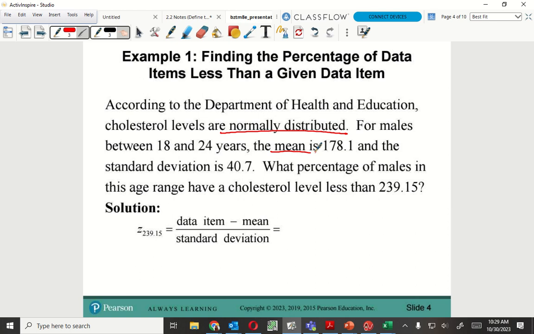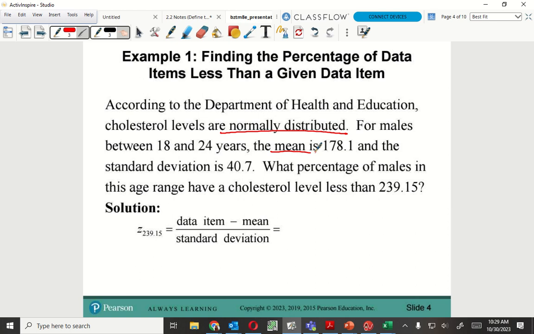Add 40.7. I take my mean, 178.1, and I would add 40.7. That would be one standard deviation above. But if it was one standard deviation below, I would subtract it. I would take my mean of 178.1 and subtract 40.7. And that's for each standard deviation that you go over. Every interval over is another 40.7.